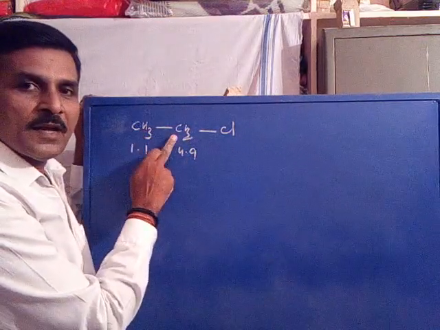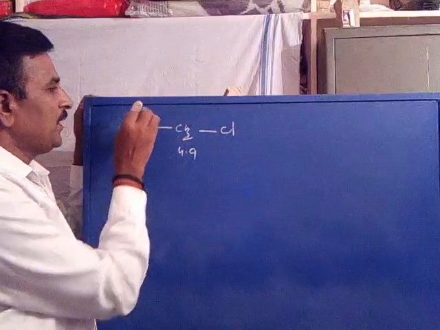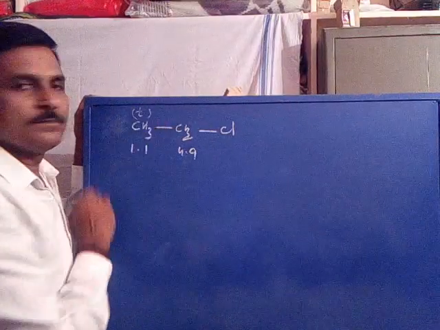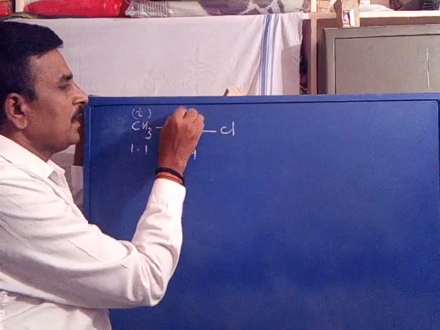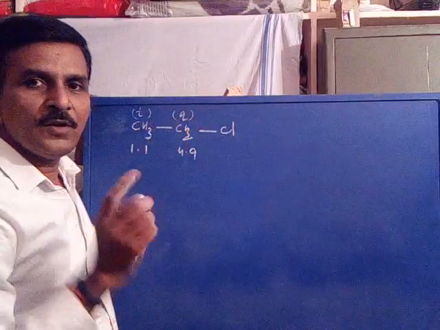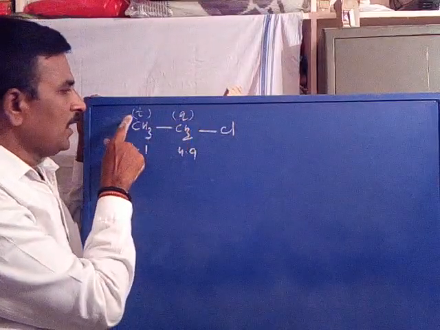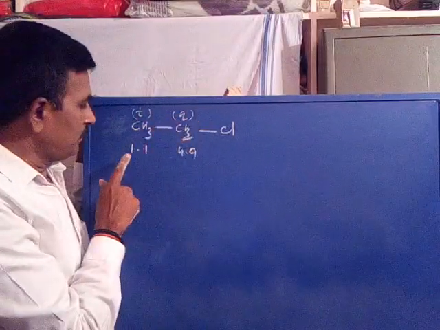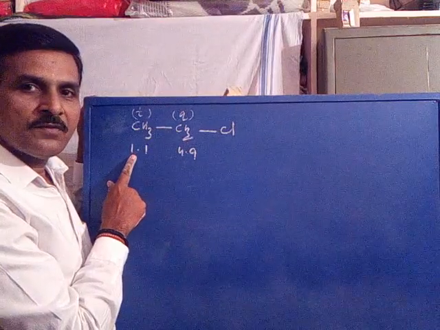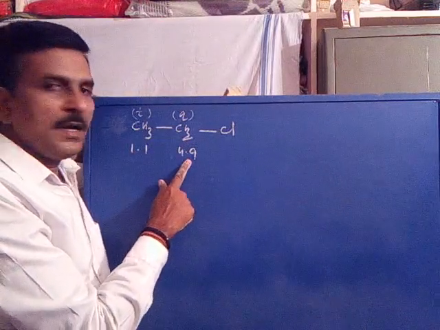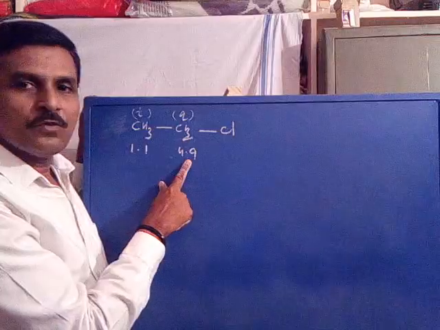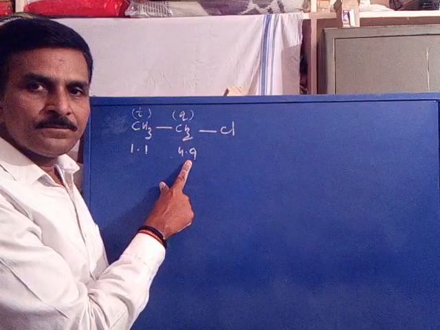These two are in coupling. CH3 appears as a triplet, CH2 appears as a quartet. Listen clearly, one triplet and one quartet appear. The delta value for CH3 is 1.1 and the delta value for CH2 protons is 4.9.